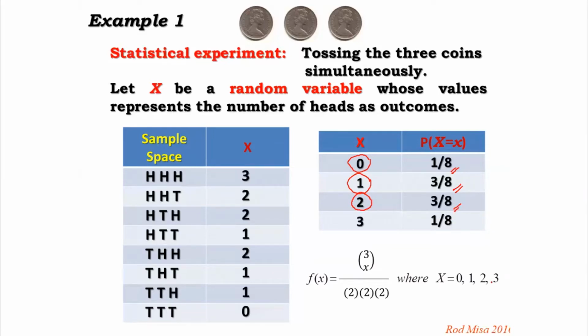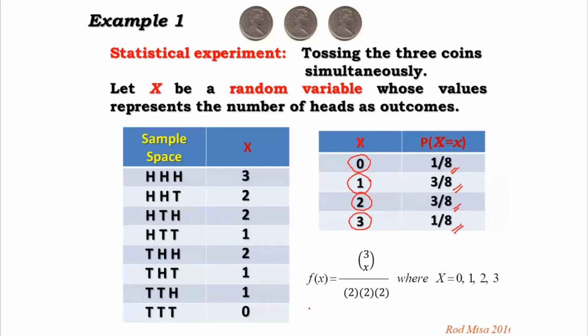But when your random variable has a value of 3, using this formula, 3 taken 3, the answer is 1. So the probability when your random variable has a value of 3 is 1/8. And you can check it here from the table that when your random variable is 3, the probability is 1/8.